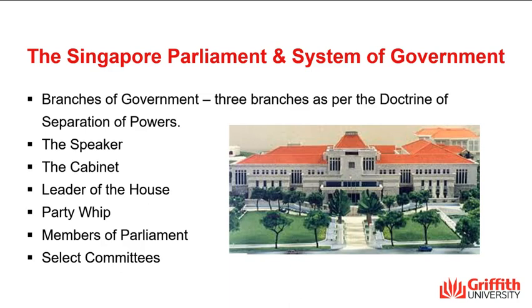The party whip is an interesting position. This position ensures good communication within the parties and contributes to the smooth running of the party's parliamentary machinery. The whip lists the speaking MPs for each item of business and estimates the time required so that the sitting can be completed within the schedule.